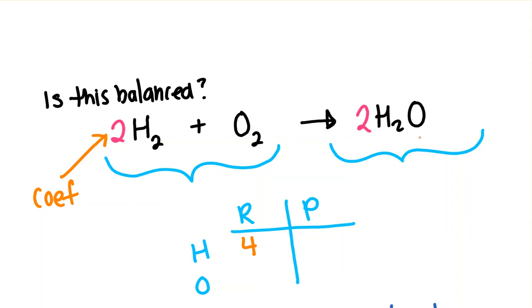And after the reaction, in the products, I have 2 times 2, that's 4 hydrogen atoms after. If I check oxygen, here I have 2 oxygen atoms. And after, remember this 2 multiplies through, I have 2 oxygen atoms. So we say that this is balanced.